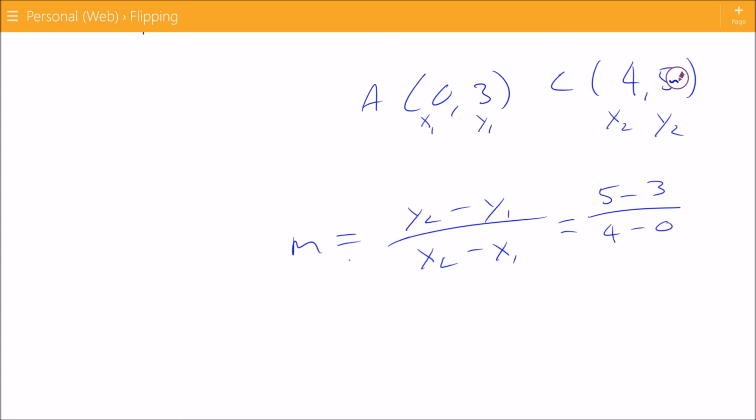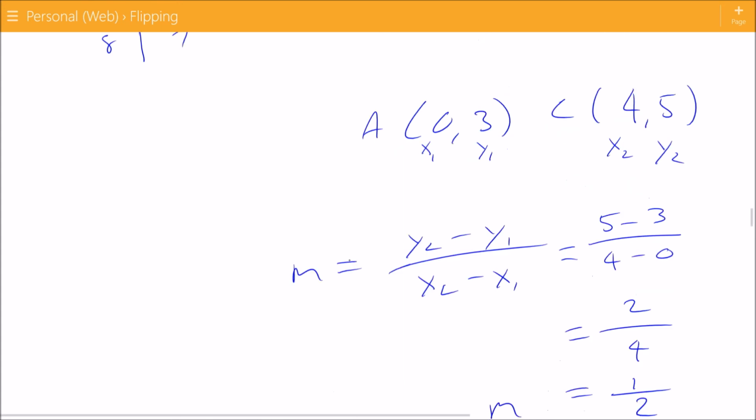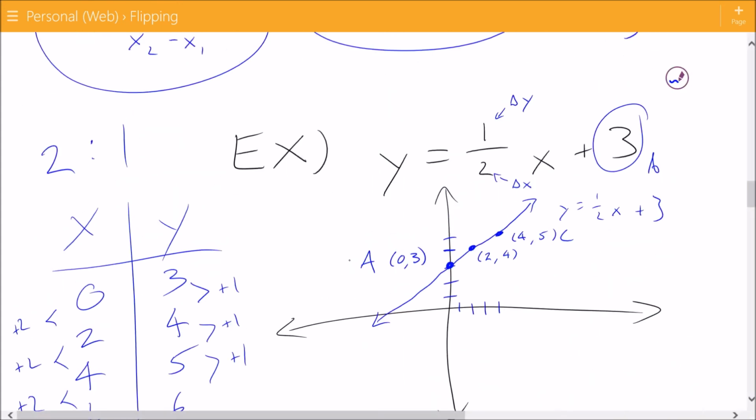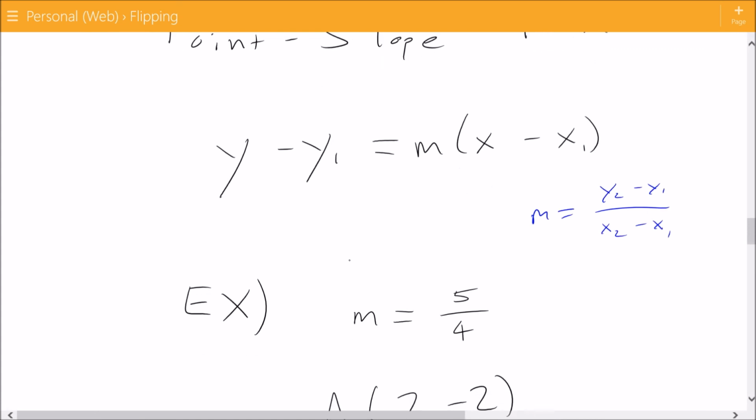Simplify that. I've got 5 minus 3 gives me 2, 4 minus 0 equals 4. Equals 1 over 2, which is the same slope that I was supposed to have based on my original equation there, okay? So this is really where these two things come from.